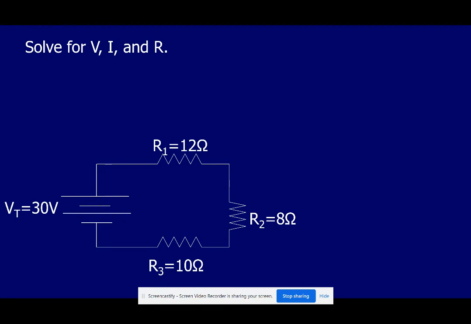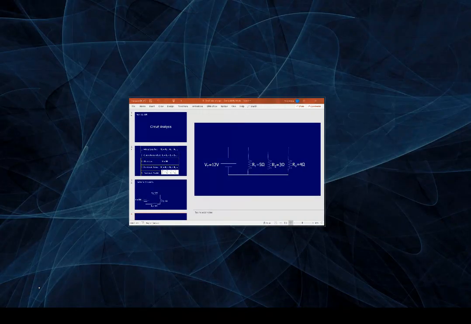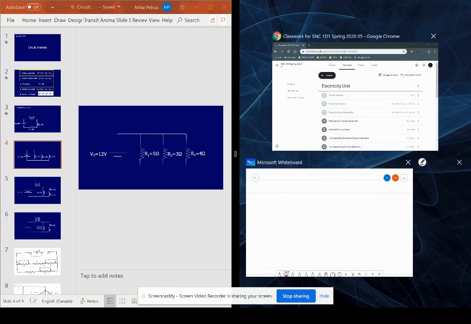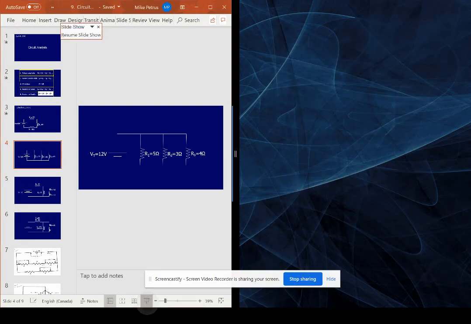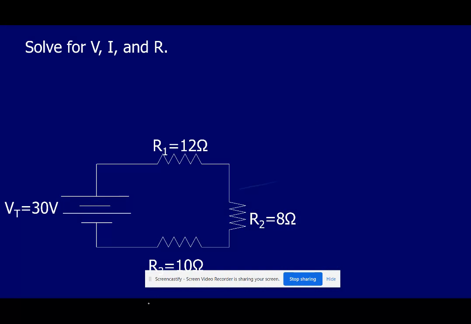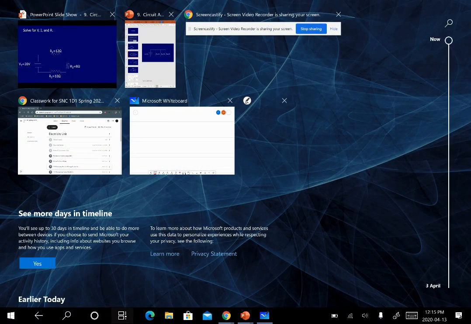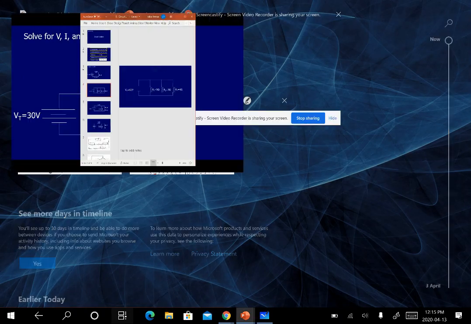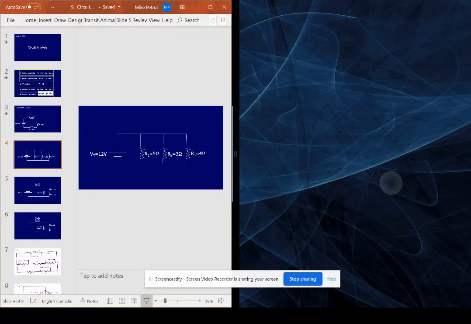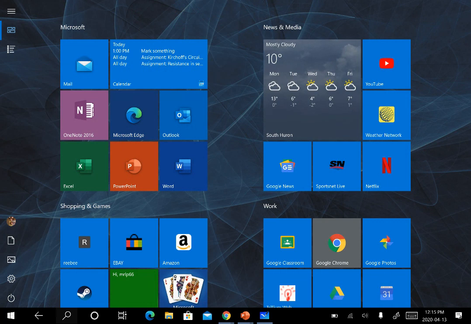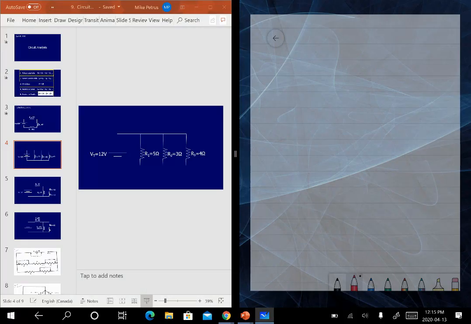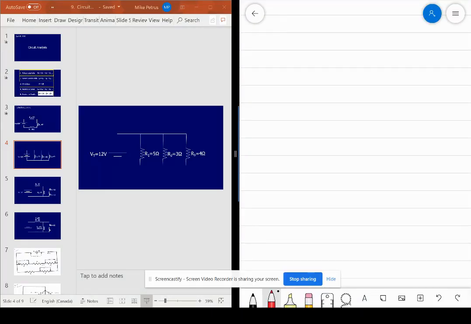Now let's see, how am I going to do this? Because we have to make a table for each of these. So let's see if I can move that over to there. I can't do that. All right, that's fine. Let's move that over to there. And then I'll get out my notepad on the other side. There we go.